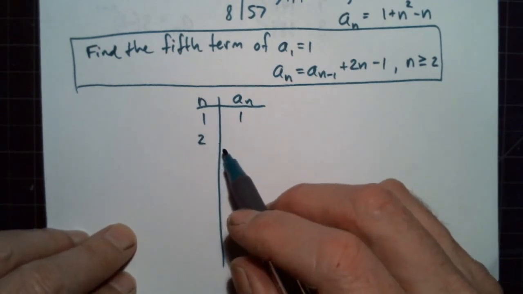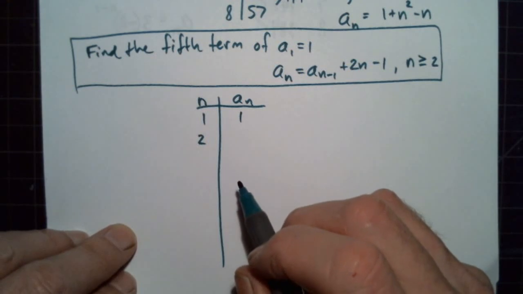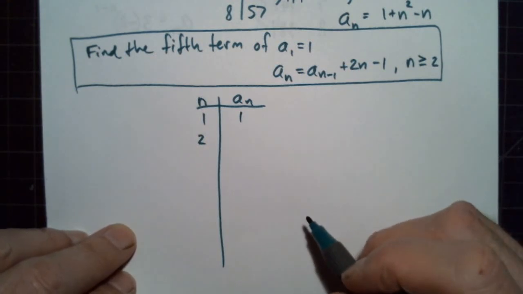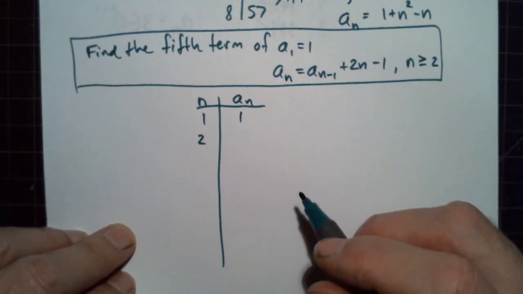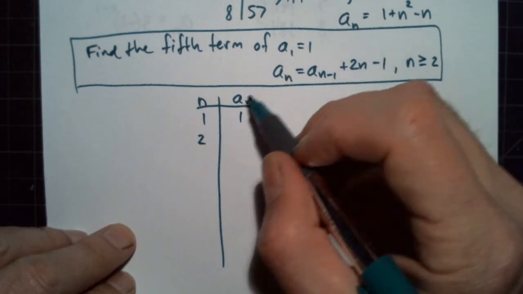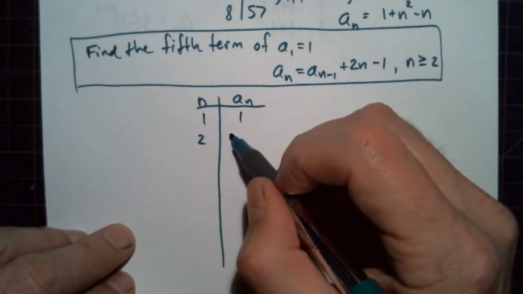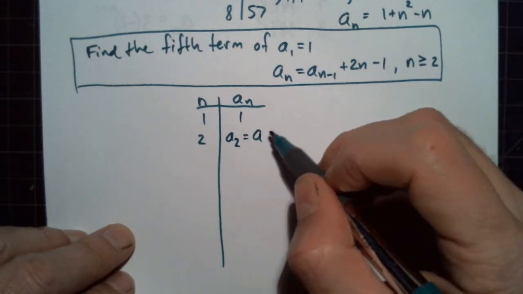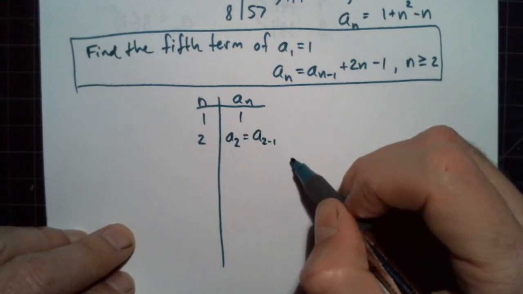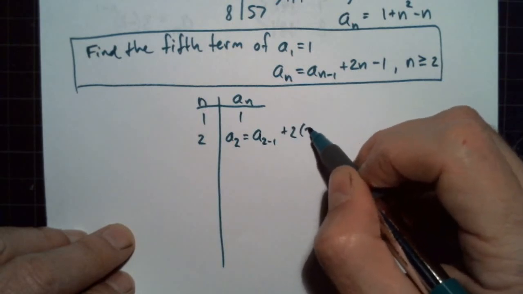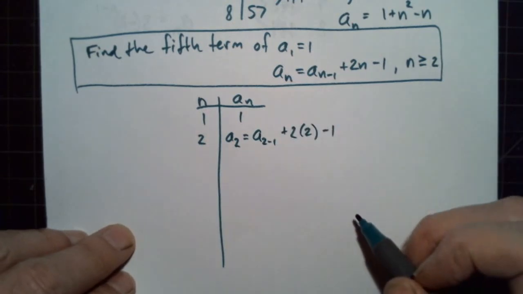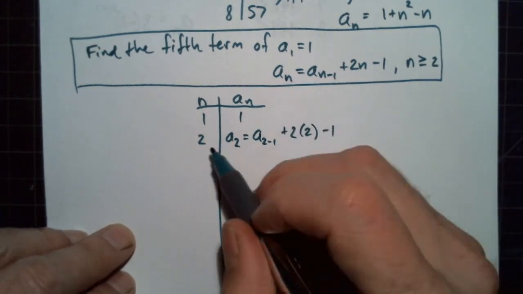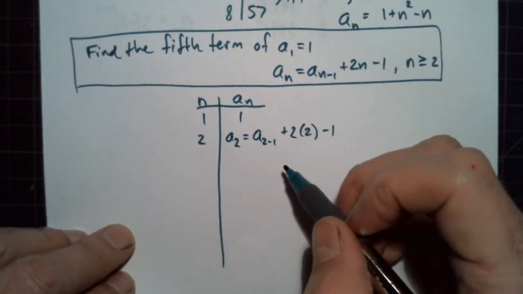And that's one of the problems with a recursive formula. You have to find everything in order to get to the end. So let's try this. n is 2, so this will be A2. A2 equals, and I'll write out n is 2, 2 minus 1, n is 2. So we write everything in like that, replace all the n's with what n is.